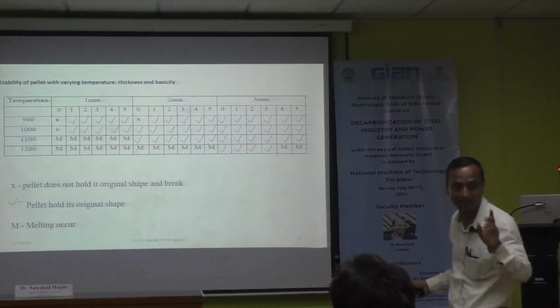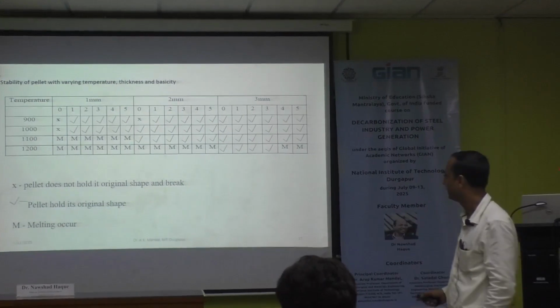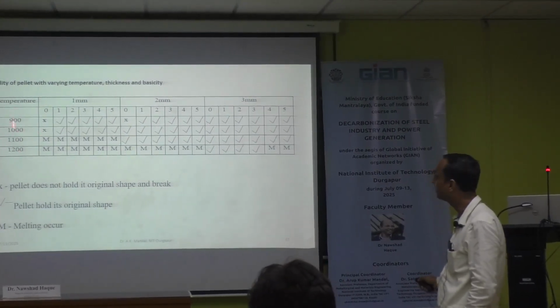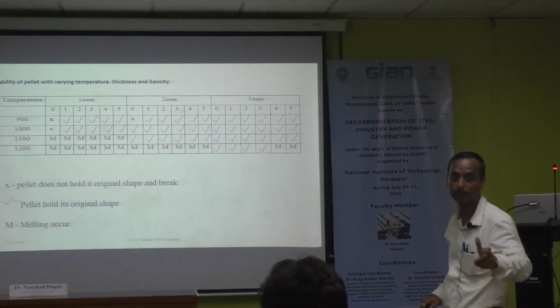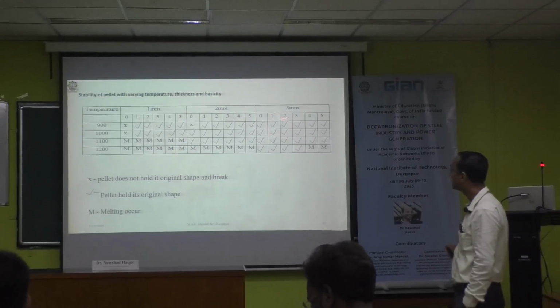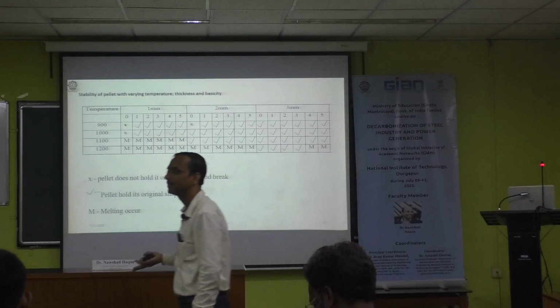Not only basicity, the pellet hardening temperature is also a factor. We prefer this one higher because it will give you more metallization in a shorter period of time. But at the same time, if you think the coating thickness is high, then it can sustain. But coating thickness is another drawback.